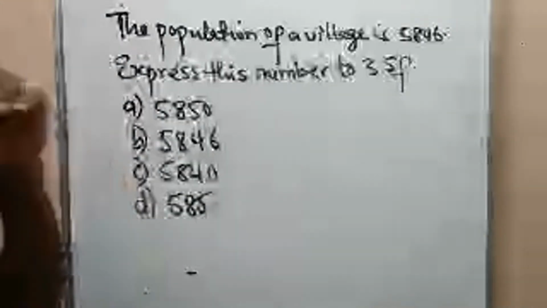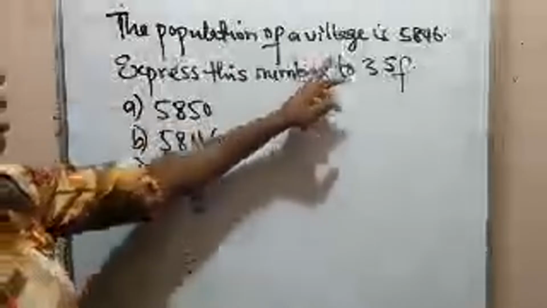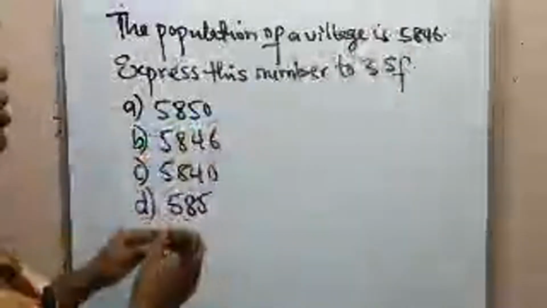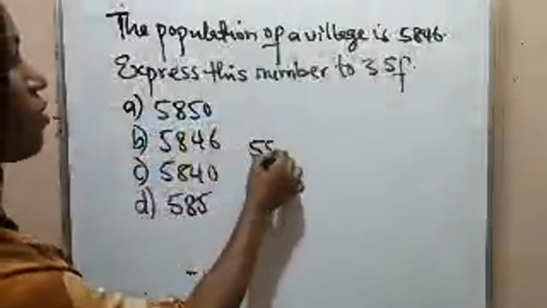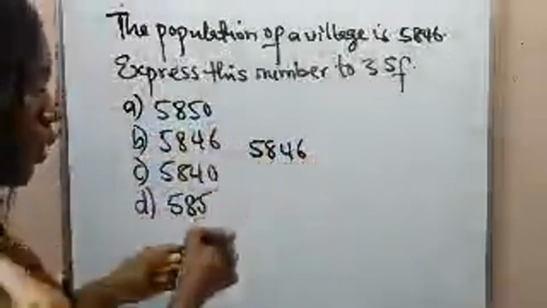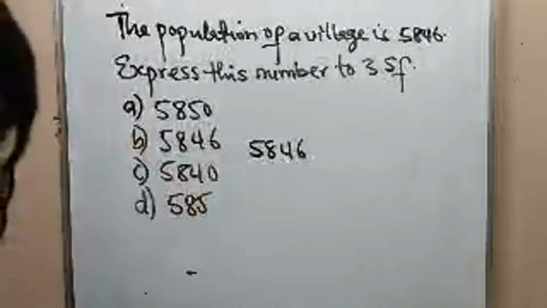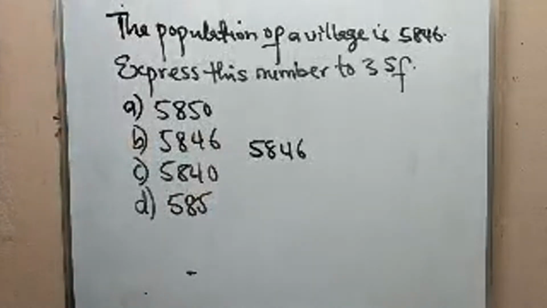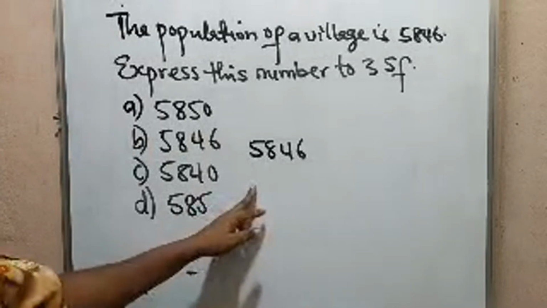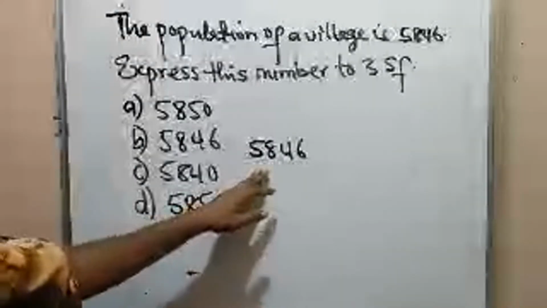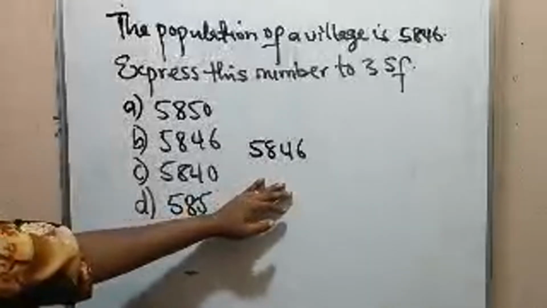First of all, to express this in three significant figures, we have 5846, and here we have four significant figures. Now, they want us to leave the answer in three significant figures.